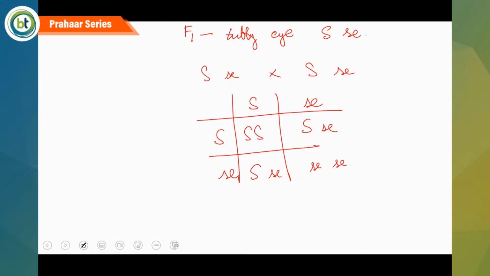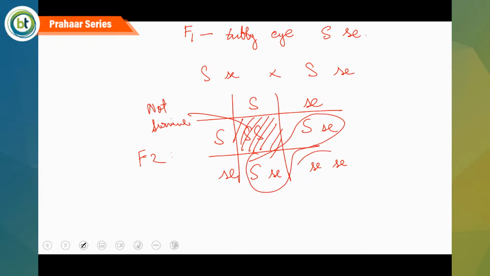Now, what does it say? Any individual who is homozygous for the balancer chromosome will not survive. That means this part will not survive. So in the F2 generation, we will find this part and this part.